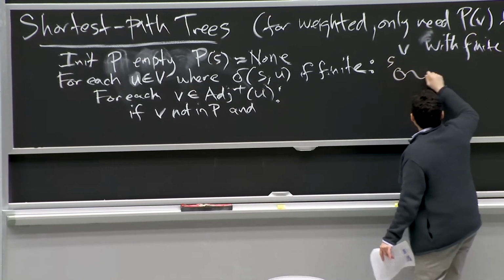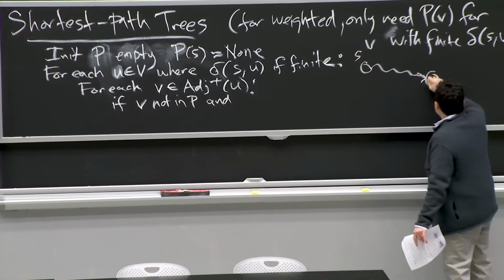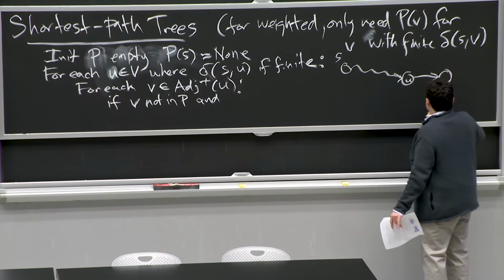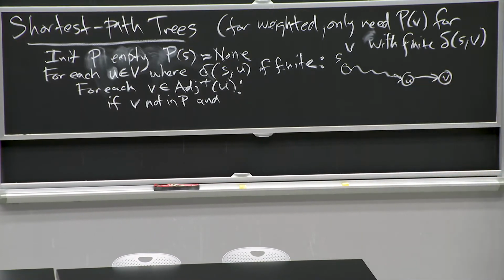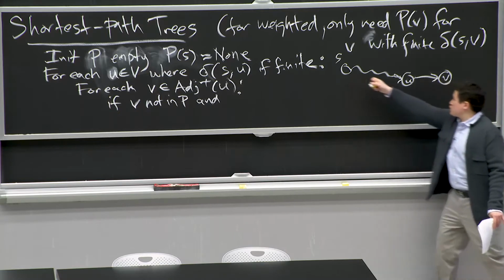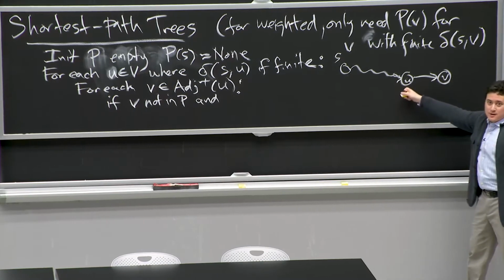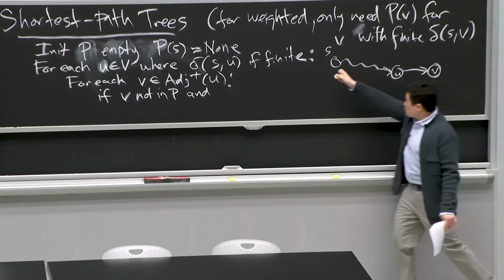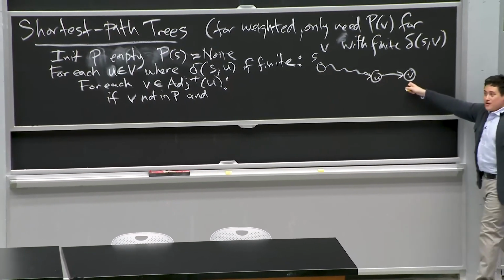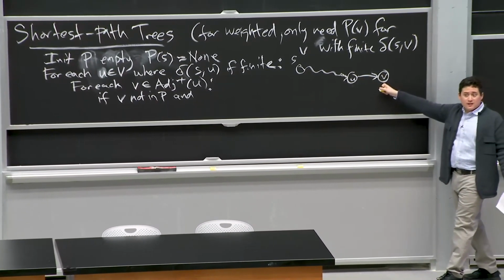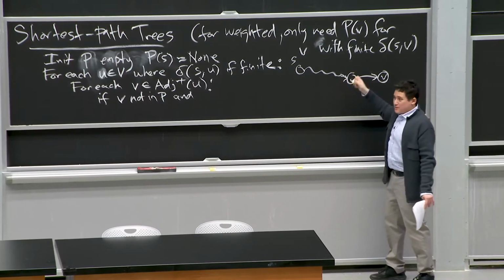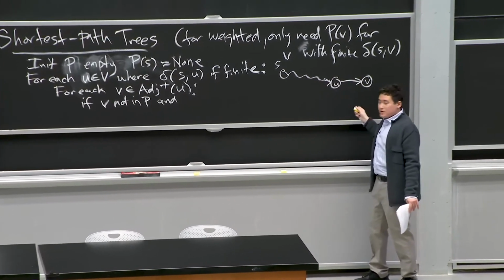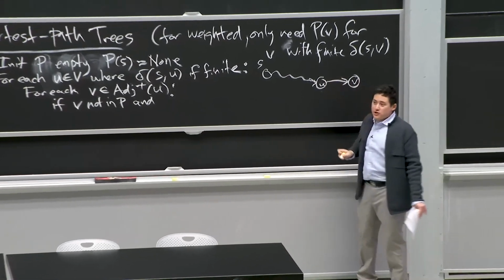We've got s, we got some path here to u, and we know we've got an edge from u to v. If this shortest path distance plus this edge weight is equal to the shortest path distance from s to v, then there may be more than one shortest path, but this is certainly a shortest path, so we can assign a parent pointer back to u.